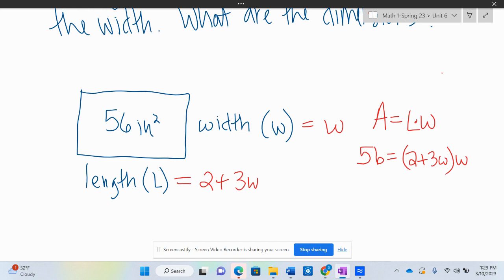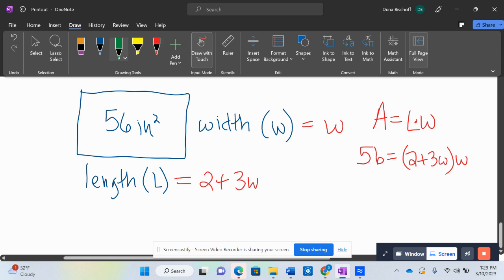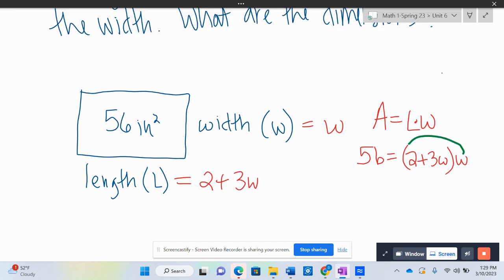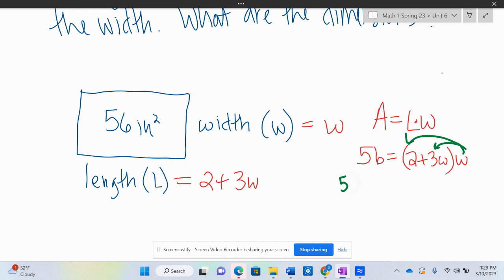Now I know that is on the back side, but it's still a distribution problem, right? So that means that I have to take this W and multiply it by both terms inside of the parenthesis. So now I have 56 equals W times 2 is 2W, not W2. 2W, the number always goes first.